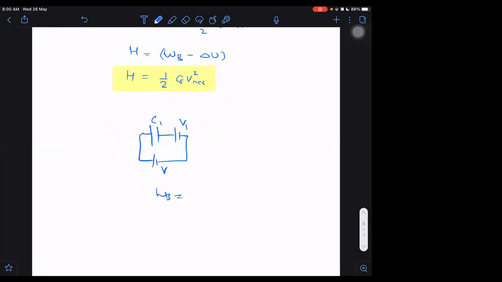Work done by battery, I will write, is equal to change in potential energy plus heat energy dissipated. And work done by battery will be V minus V1 into Q, and that is equal to half of Q into V minus V1 plus heat energy dissipated.